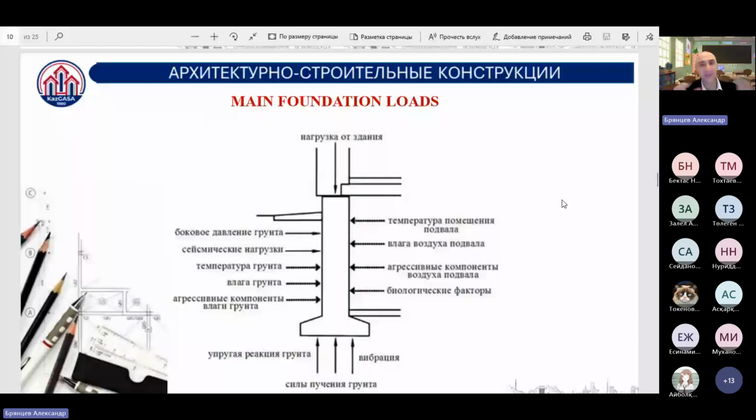Primarily, loads include vertical loads from the building. This means the own weight of the building, equipment located inside the building, the weight of occupants, snow, and other variants of imposed loads.